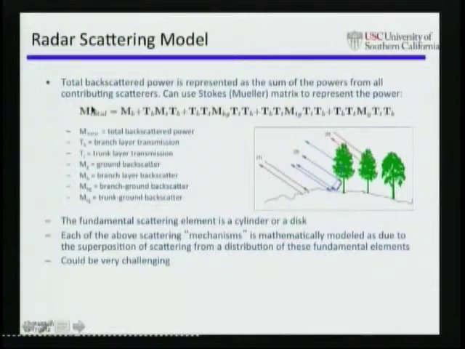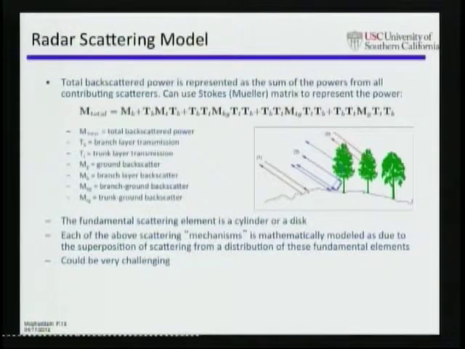This very general equation on top describes how we do the separation and then add them up again. M is a matrix, a Mueller matrix, that defines the total scattered power from the point of view of the radar, and it's composed of the various contributions. All these terms are the contributions of the various parts of this canopy.